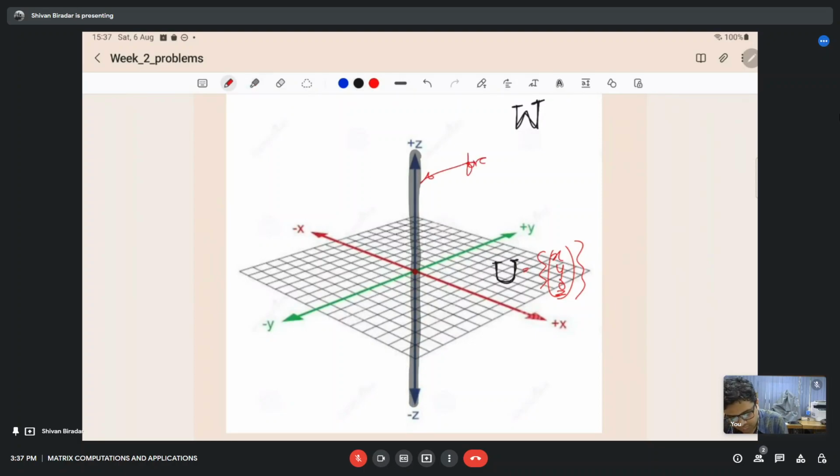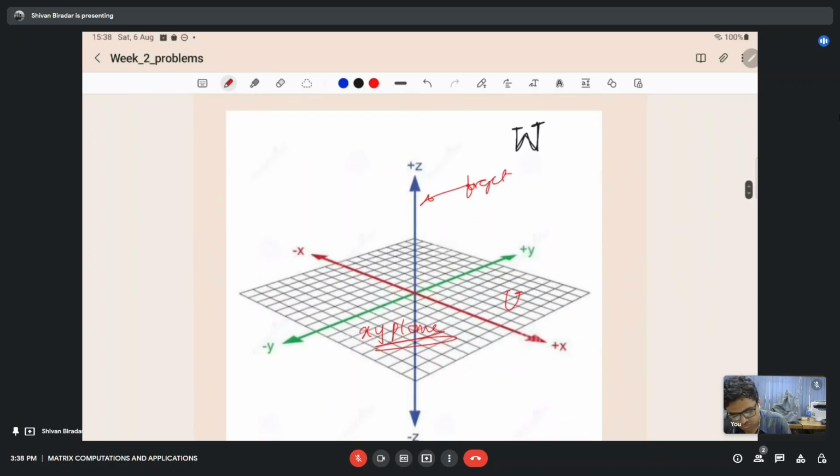You will basically have only this mesh. This mesh is your xy plane. So this subspace U is basically the xy plane in R3.